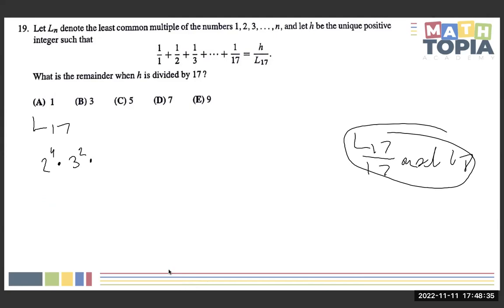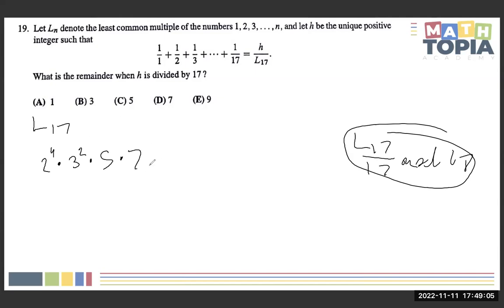If we find for each prime the highest power less than or equal to 17, then there can't possibly be a number up to 17 that doesn't divide L17, because that would mean it has a higher power of one of these primes, which would imply it's larger than 17, since even a prime power by itself would be greater than 17.